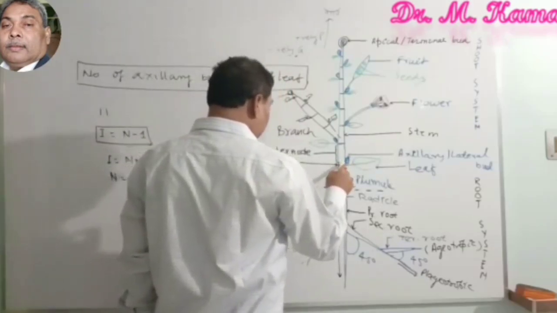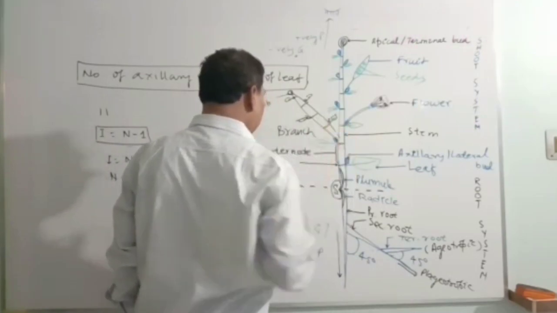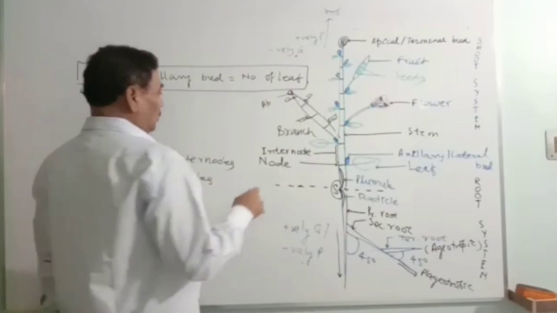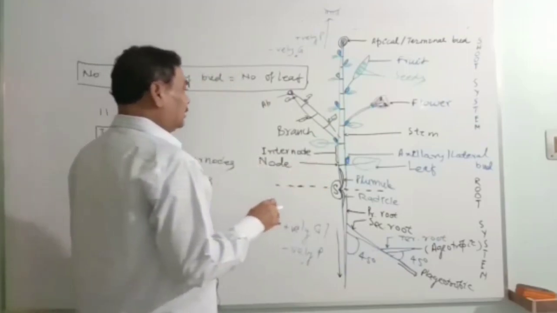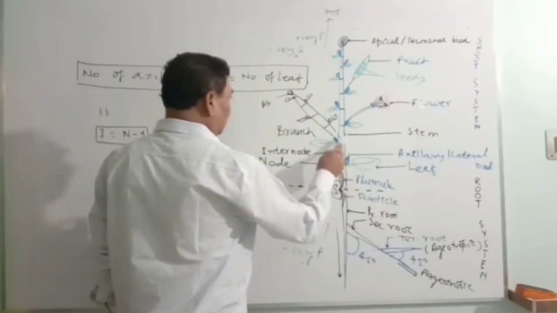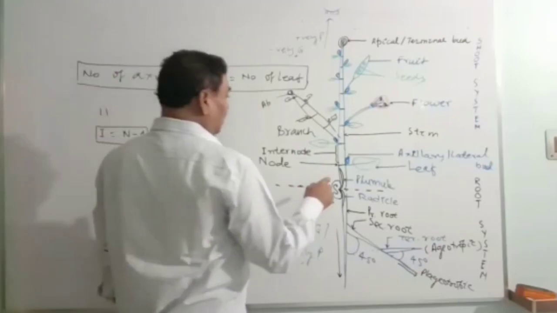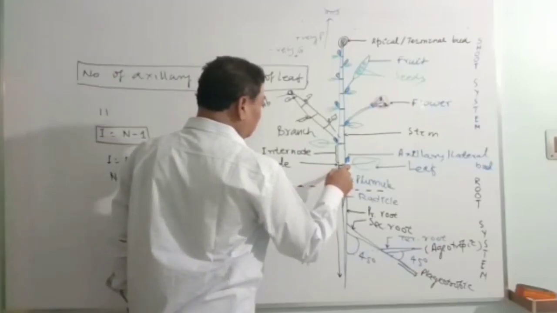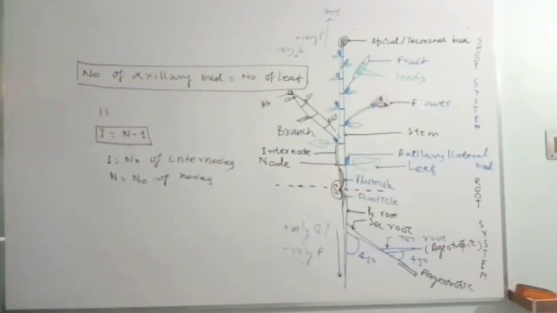A stem is differentiated into nodes and internodes. Node is a place or a space on a stem or branch from where a leaf or a group of leaves arises. In the axil of each leaf, there is an axillary bud. The axillary bud is also called lateral bud.